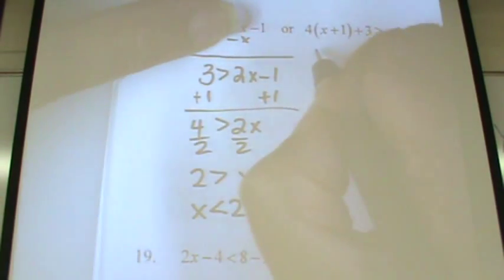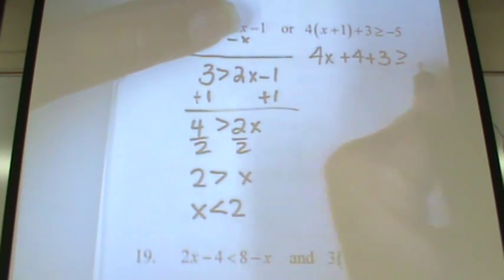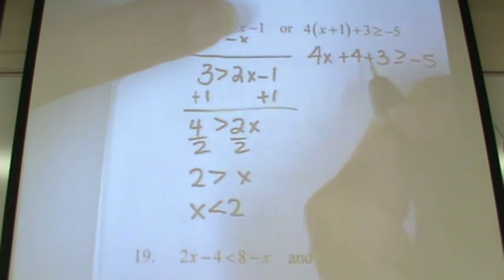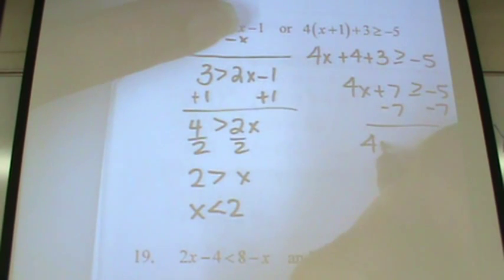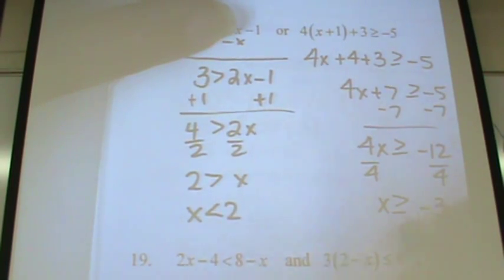On this side, you have 4x plus 4, and then plus 3 is greater than or equal to negative 5. 4 and 3 is 7. Subtract 7, and divide by 4. So x is greater than or equal to negative 3.